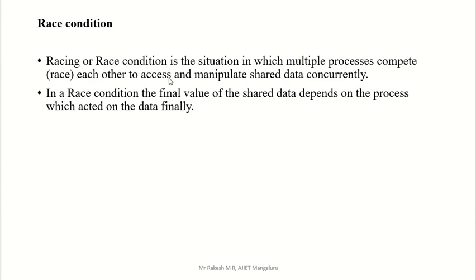Any one of the processes, P1 or P2, can access that resource at a time. That is the condition. Both can't. So how is one of the two processes selected, which one goes first, which one waits, and which one goes next? That concept is process synchronization.